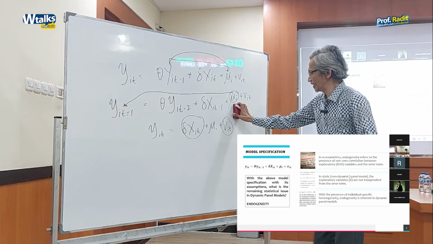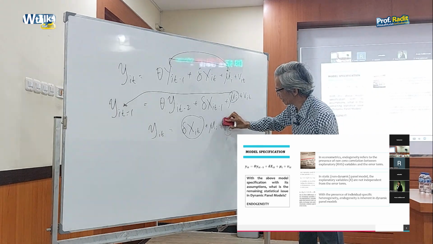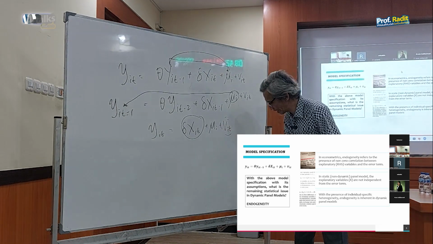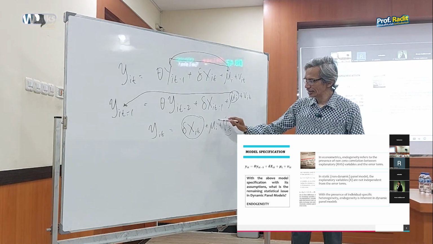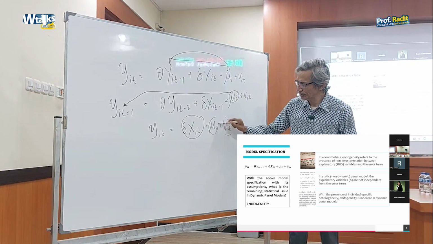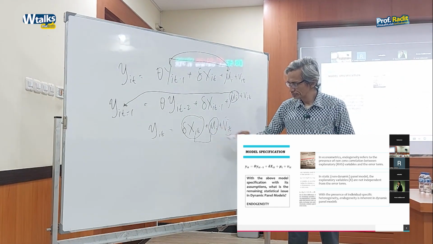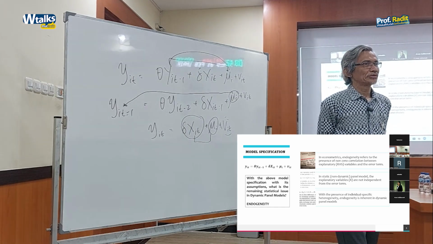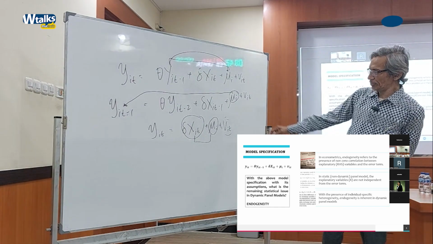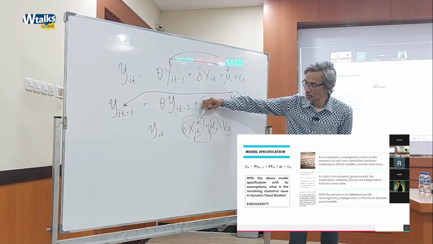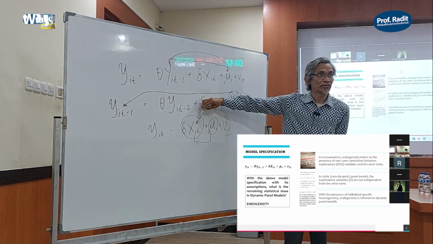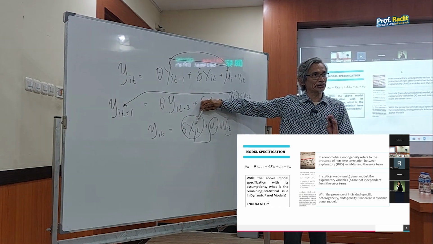Or if the error term follows the classical assumptions, but there exists correlation between these two, which means we have endogeneity in X, for example, in a normal static panel.